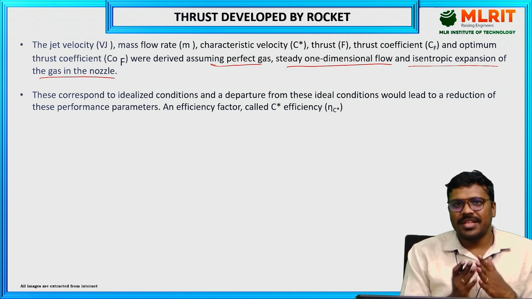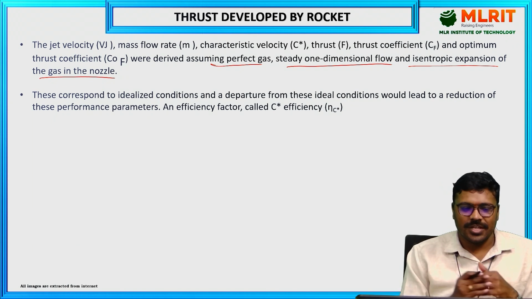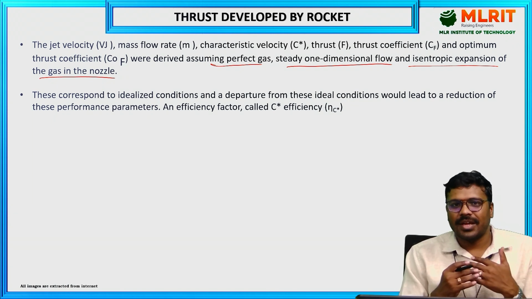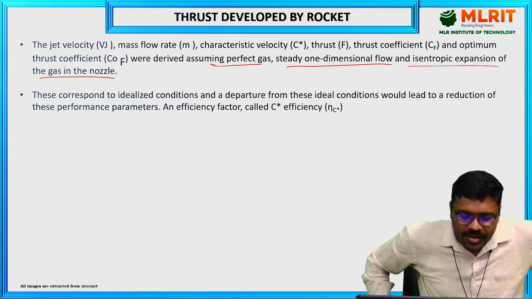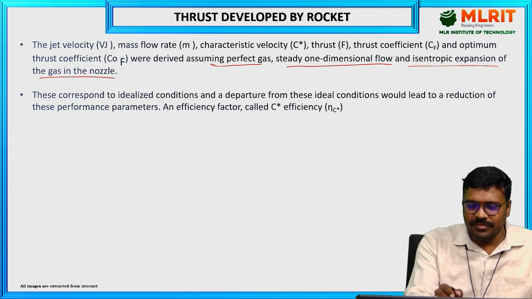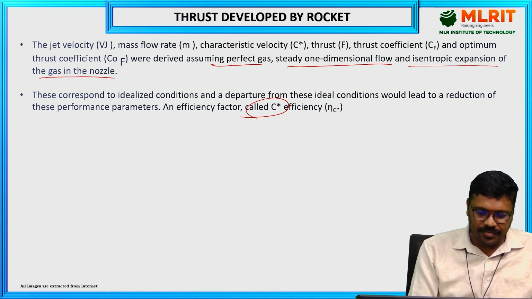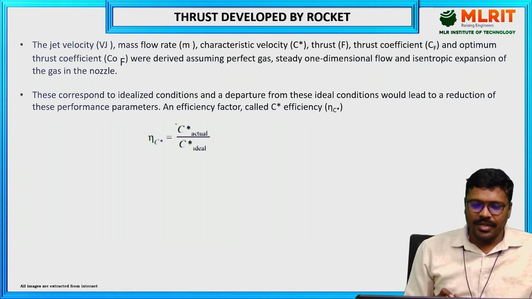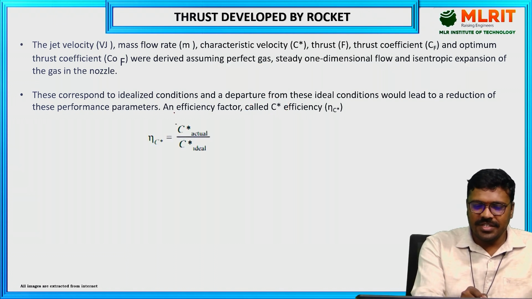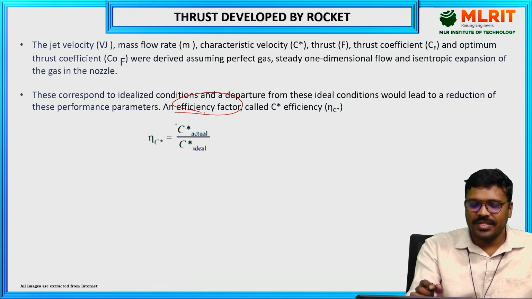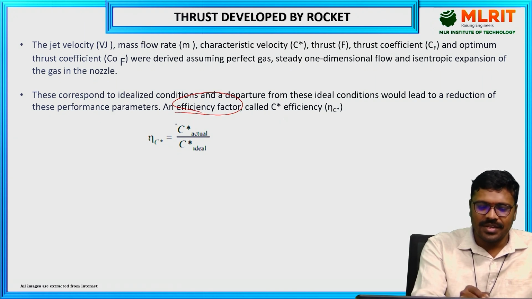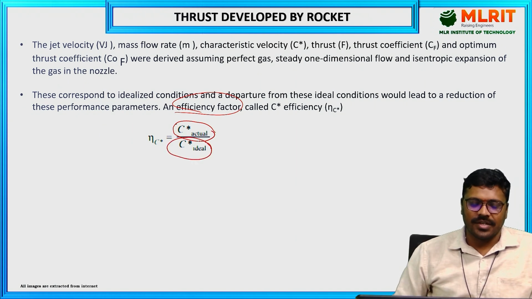So there will be some drop in efficiency, and we have to calculate that efficiency factor, the efficiency of C star. It is given as the actual characteristic velocity to the ideal characteristic velocity.